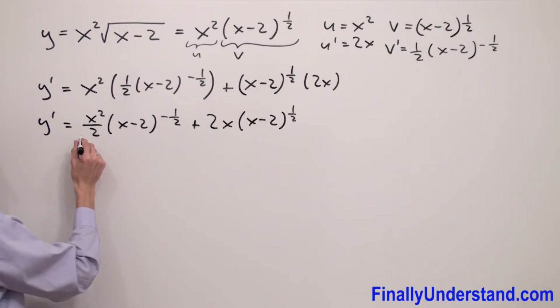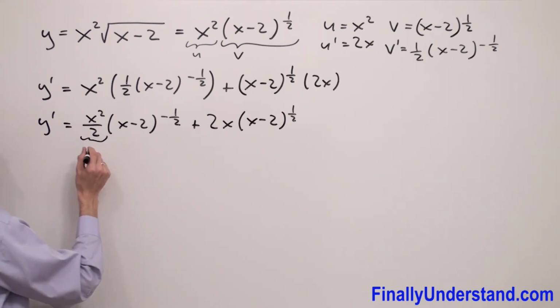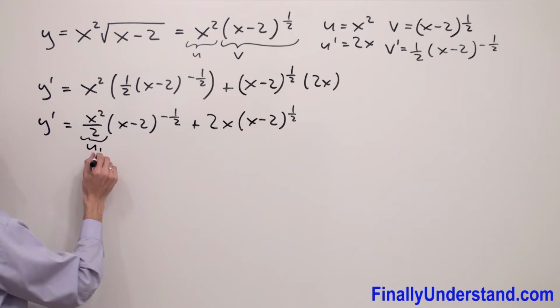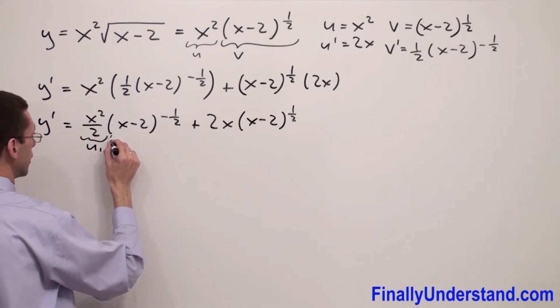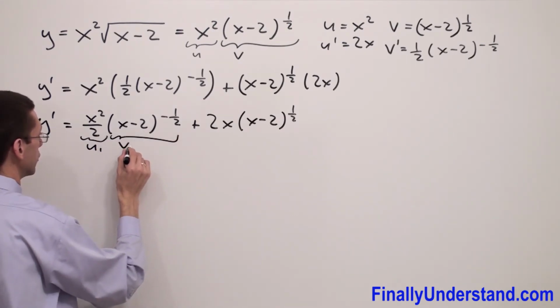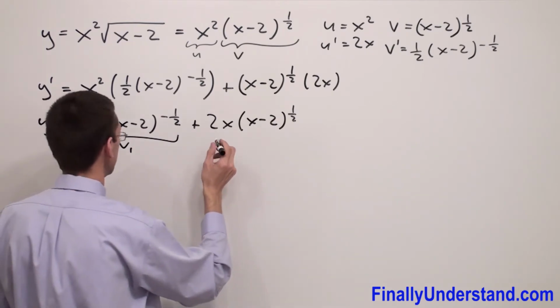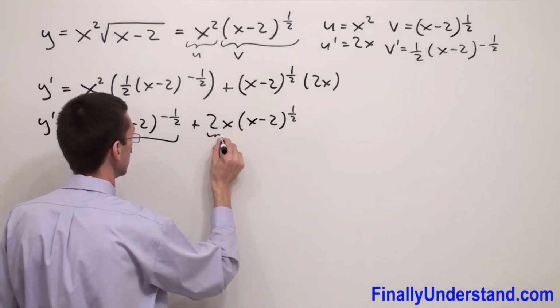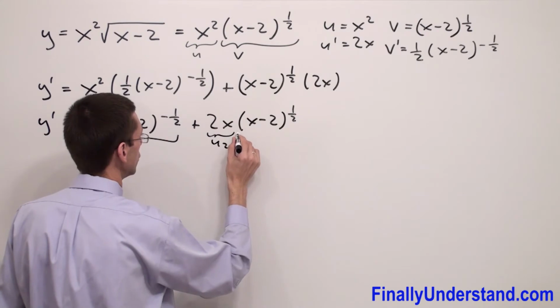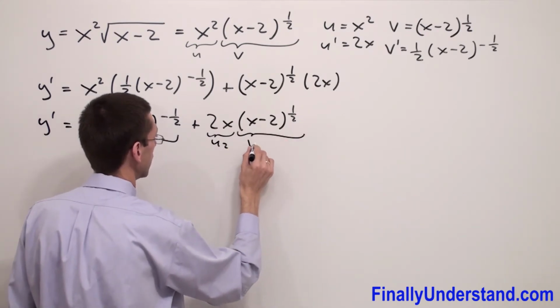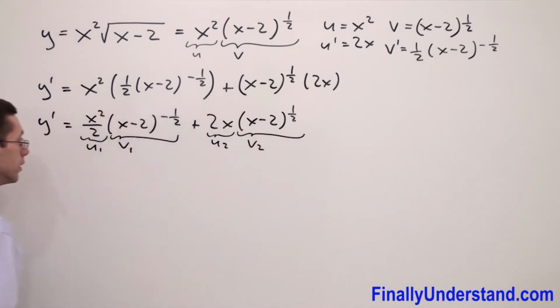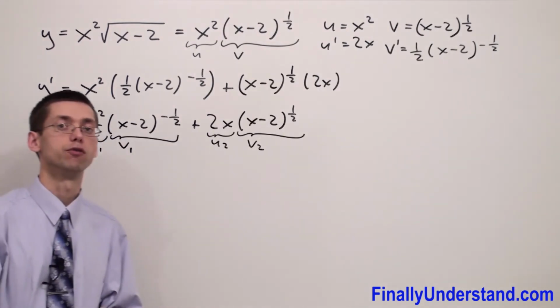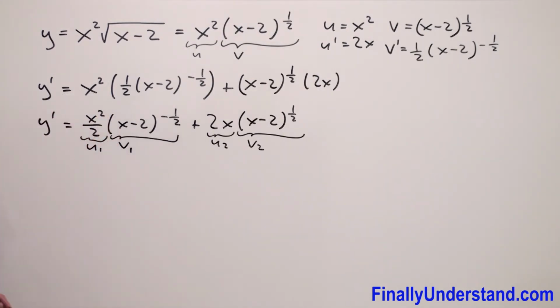So I'm going to call this u1, and this is my v1, and this is my u2, and this is my v2. Okay, just to distinguish the difference between the calculations which we are going to perform on the board.